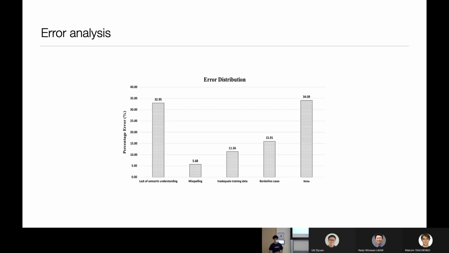Most of the time it's lack of semantic meaning, because the web search query is quite short. There's also some noise, because there might be sentences that the judges think are inappropriate but the authors think are fine. So I think these are the two main problems with the model.